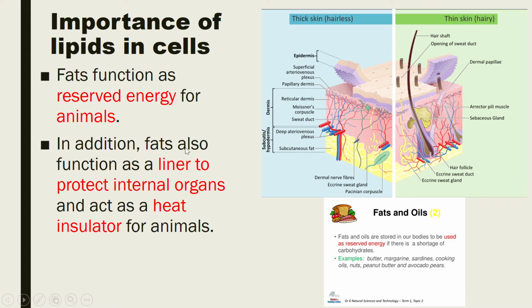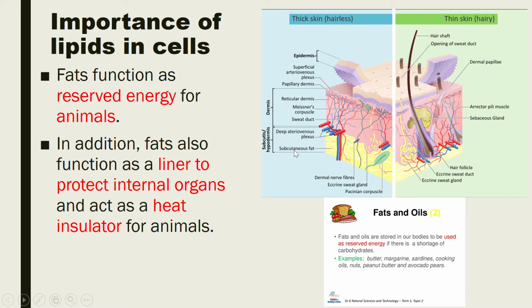In addition, fats also function as a liner to protect the internal organs, and also as a heat insulator for animals. So you can compare thick skin and thin skin. The thick skin has subcutaneous fats, which you can see has a wider region, as compared to the thin skin having lesser subcutaneous fat.